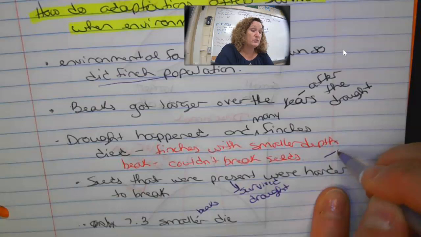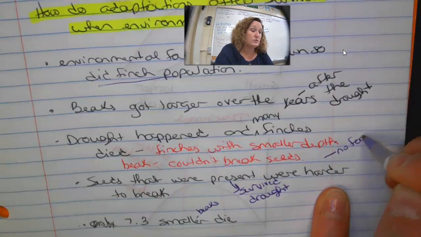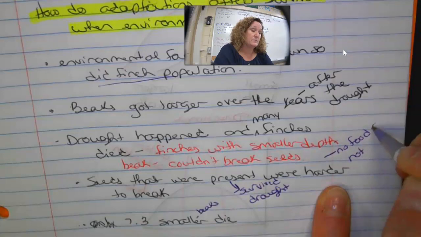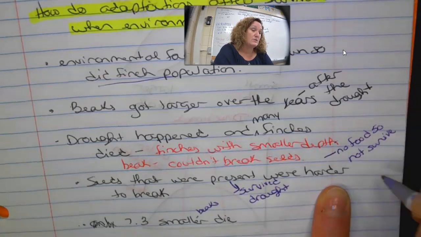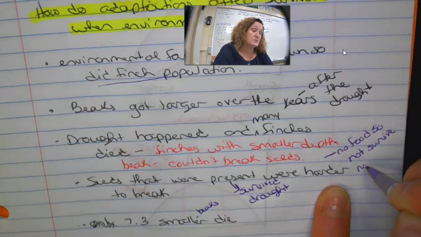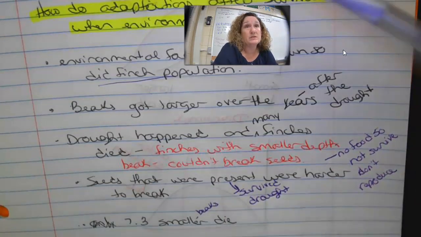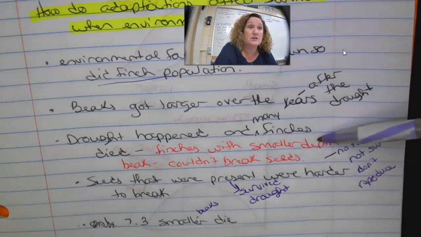So with no food, they could not survive, which means that they don't reproduce. So then we lose this trait of the smaller beak depth.